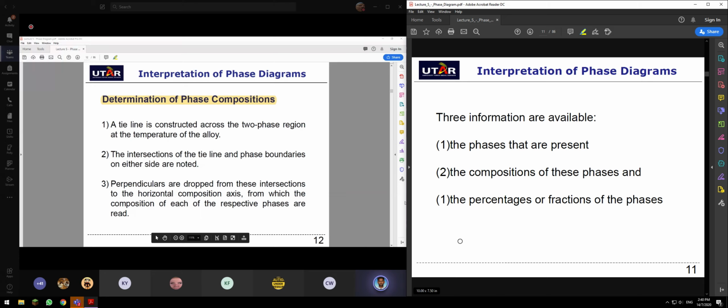So what is the difference between those two?